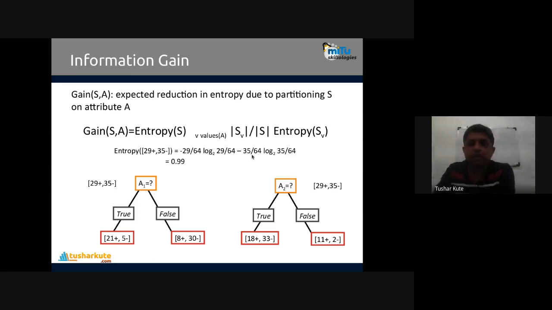For example, it is 35 out of 64 log 35 out of 64. So the proportion is 35 out of 64, here 29 out of 64. If you perform this particular operation, we will get the entropy as 0.99. So for A1 the entropy is 0.99, and for A2 also the entropy is 0.99.